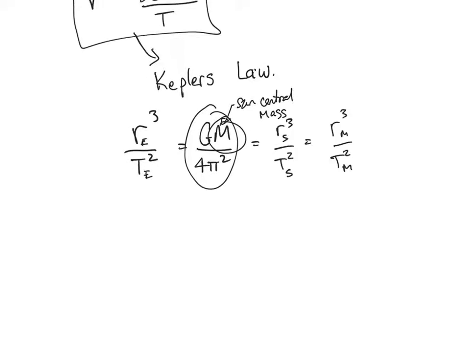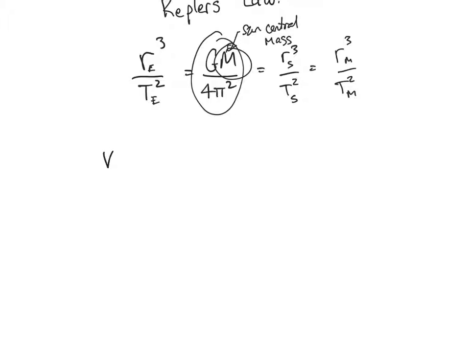And we can use this formula, and we can use our orbital velocity. The orbital velocity was v equals 2 pi r on T. Well, if we rearrange that, multiply both sides by T, we get this formula, 2 pi r equals orbital velocity times T. And we can divide both sides by v then.